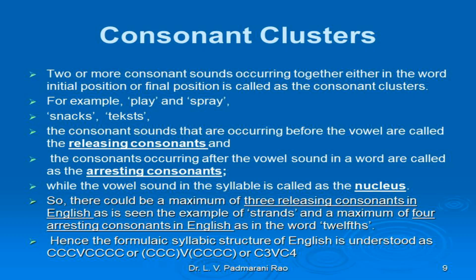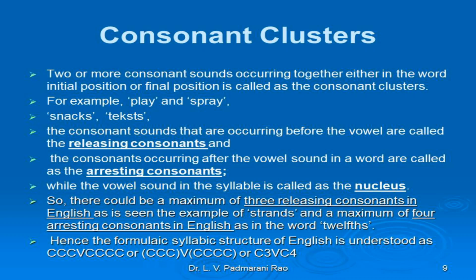So if you look at the syllabic structure of a typical English word, you can have V occurring in isolation, which would mean that without a V sound, you cannot have the syllable possible. Preceded by 3 releasing consonants and followed by 4 arresting consonants.